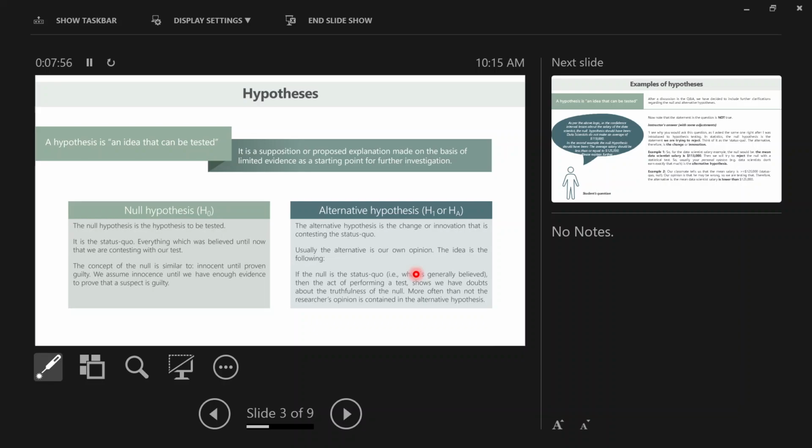So we are saying that if the null is the status quo, what is generally believed, then the act of performing a test shows we have doubts about the truthfulness of the null. So more often than not, the researcher's opinion is contained in the alternative hypothesis, because when you are doing research, you are trying to prove what has been there.